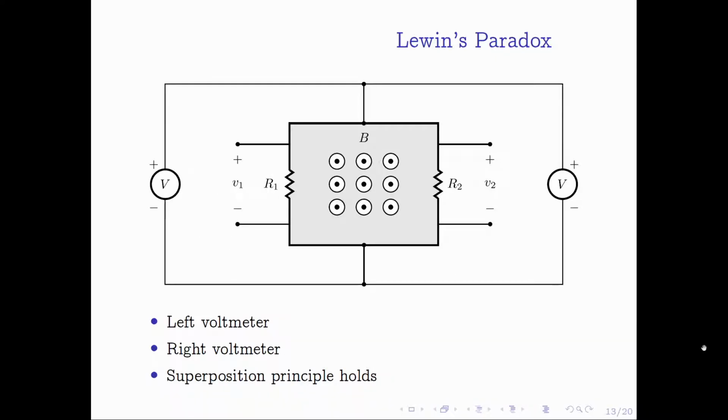Now we can conclude that if we run this experiment in our lab, we should read two different values on each voltmeter. And the reason for this to happen is because the loop created by each voltmeter during the measurement will affect the value of the voltage.